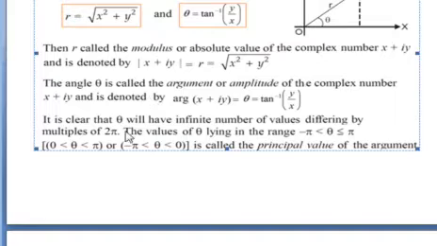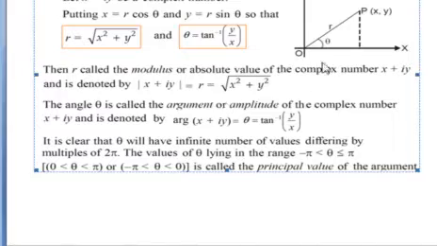As you know, the argument in the first cyclic order, that is the argument of the first interval from the range minus pi to plus pi, is known as the principal argument, or principal value of the argument.